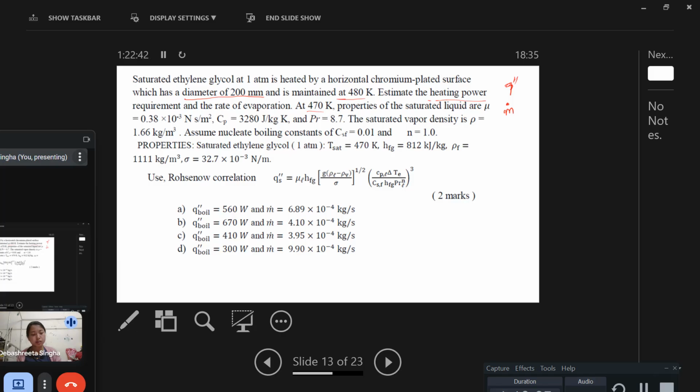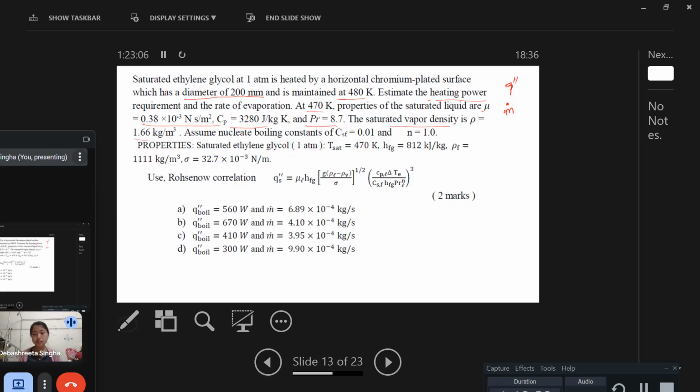Now at 470 Kelvin, the properties of saturated liquid are given. The dynamic viscosity is 0.38 into 10 to the power minus 3 Newton second per meter square. Cp is given, Prandtl number is given, specific heat and Prandtl number. And the same for saturated vapor is also given.